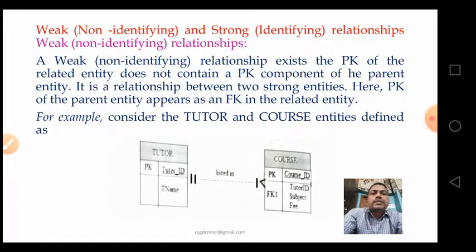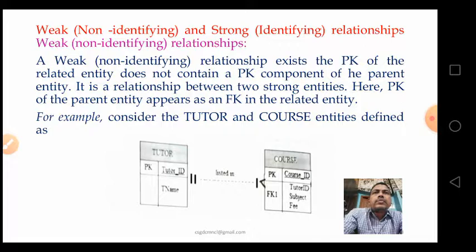In this case, a weak relationship exists between tutor and course because the course ID is the PK of the course entity, while the tutor ID in course is only an FK.